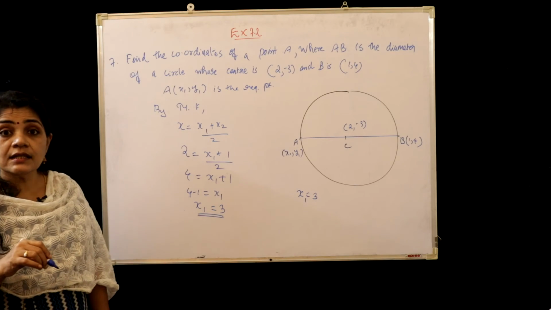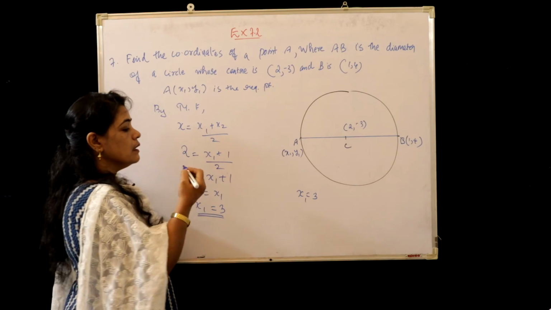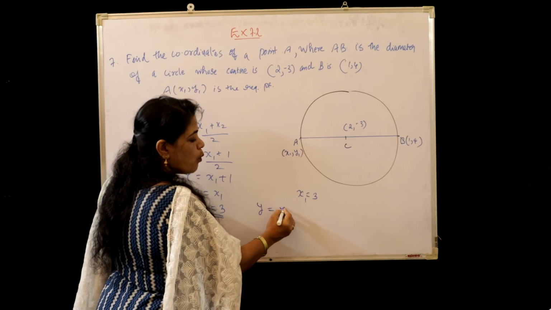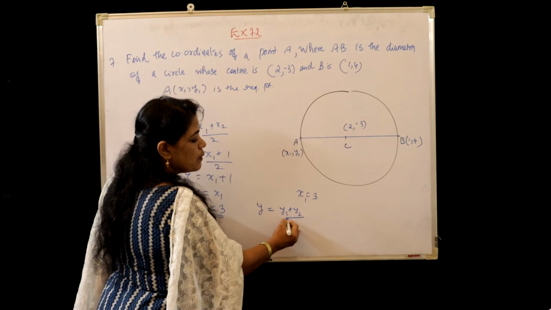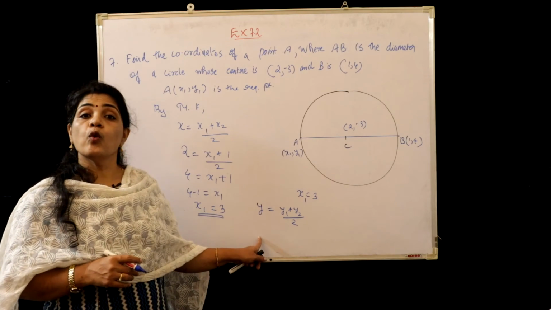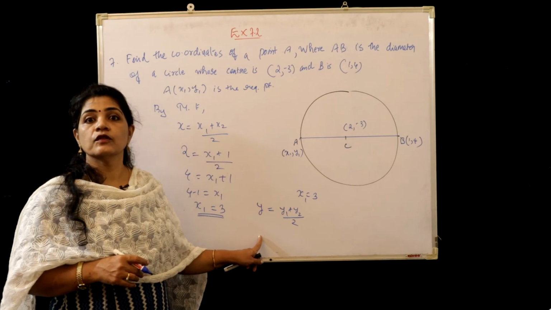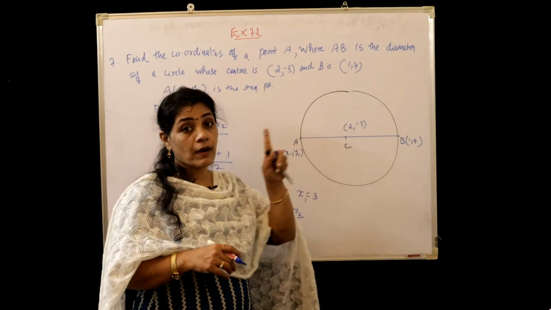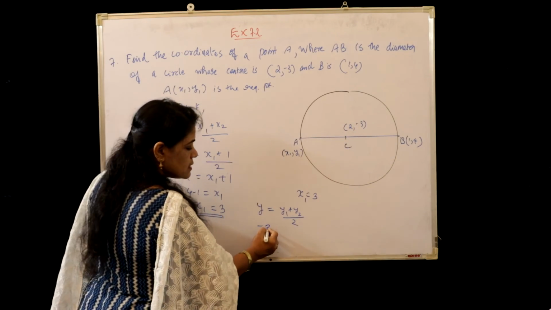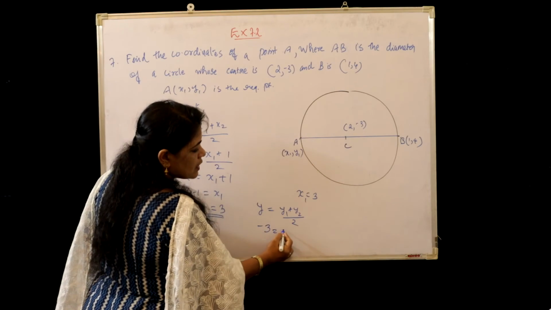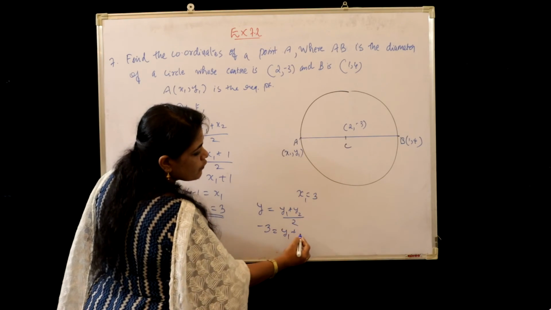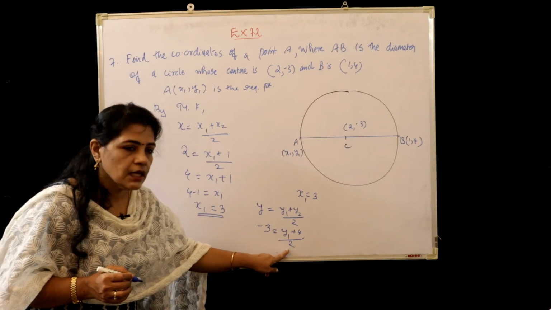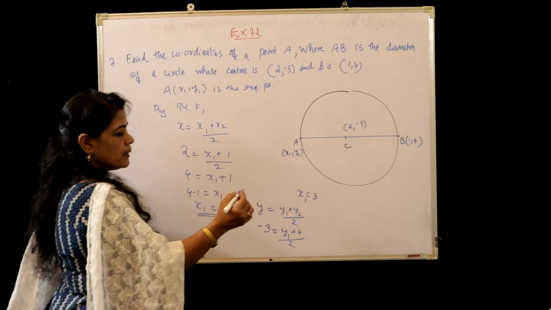And in order to get y1, we can again apply the midpoint formula, that is y is equal to (y1 plus y2) by 2. Here also y is the y coordinate of the midpoint, and that is given as minus 3. So minus 3 is equal to (y1, the required point, plus y2, which is 4) by 2. So minus 3 into 2 is minus 6.